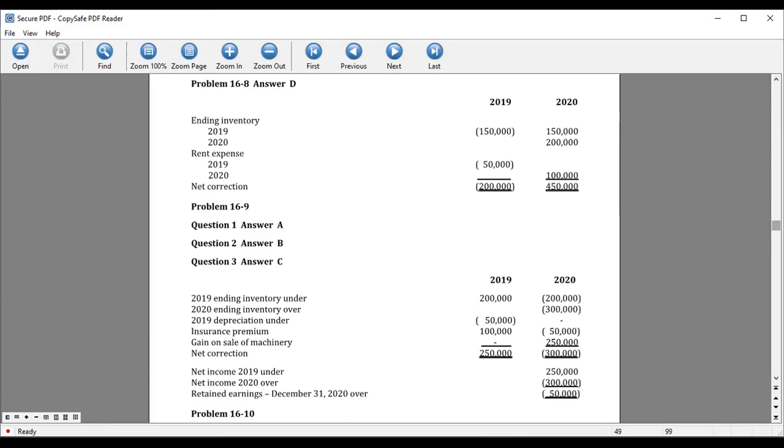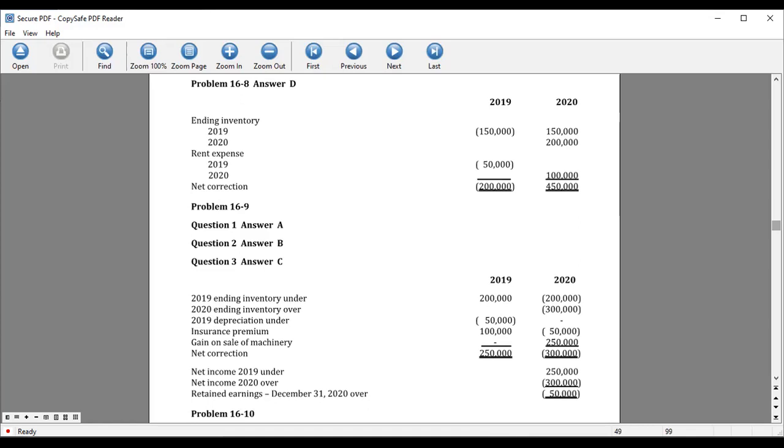In 2019, it was understated, so we have to add back. This becomes the beginning inventory of 2020.